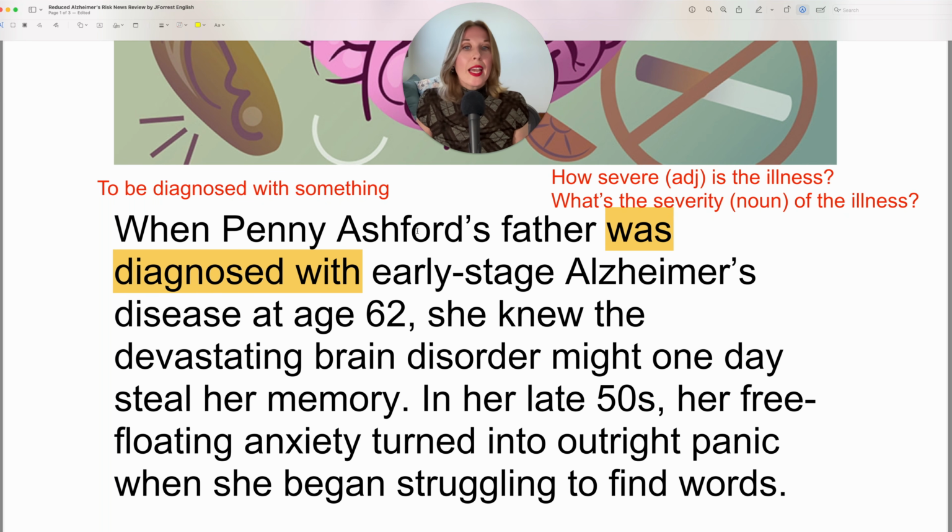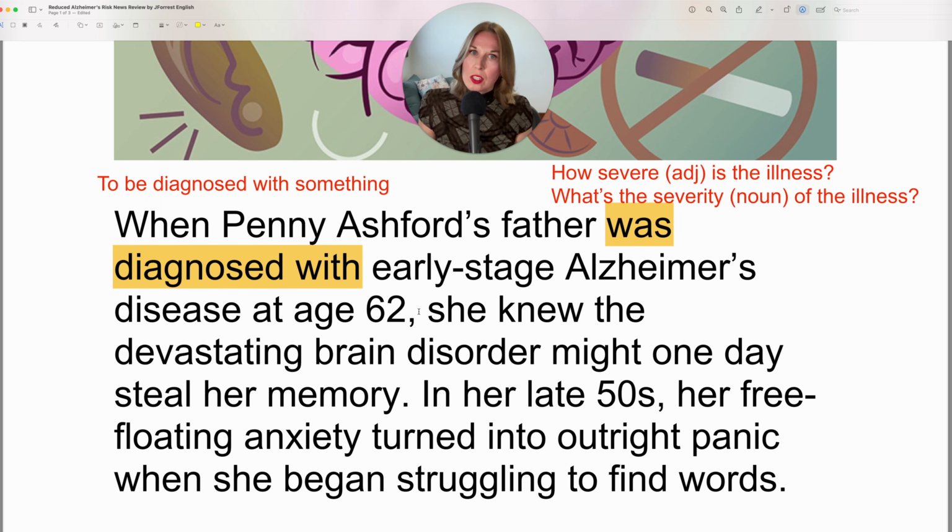When Penny Ashford's father, so again, this possessive here, this apostrophe S, is because the father belongs to Penny. Now, Penny, this is a female name, so you would say her father. When her father was diagnosed with early stage Alzheimer's disease at age 62.